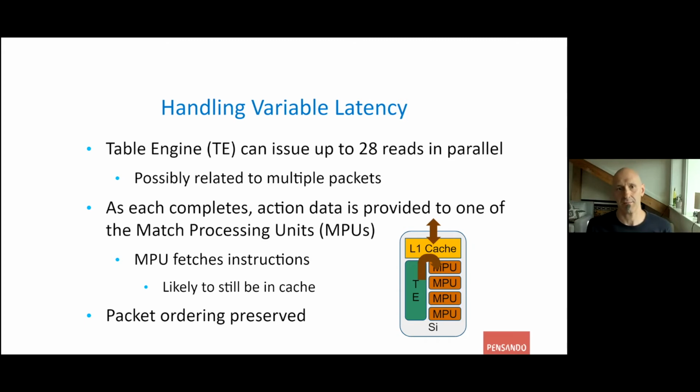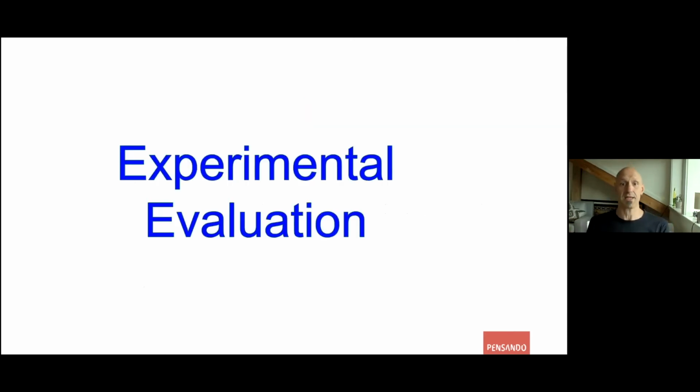Of course, processing packets based on how quickly the lookups happen might cause packets to be processed out of order, but every stage has a mechanism that preserves the packet ordering, so that it graduates packets to the next stage in the order they were received by the stage.